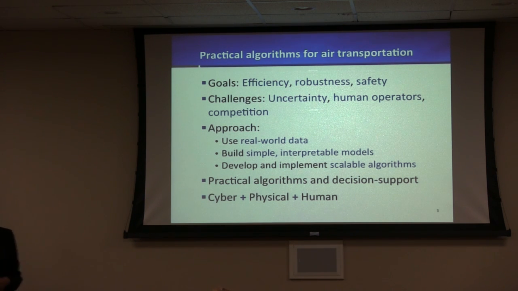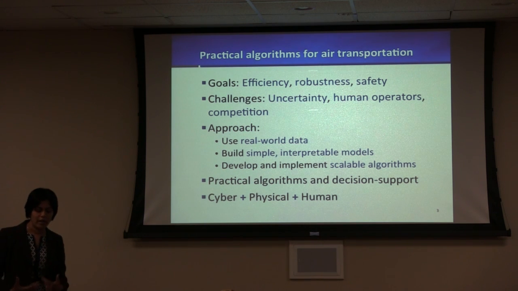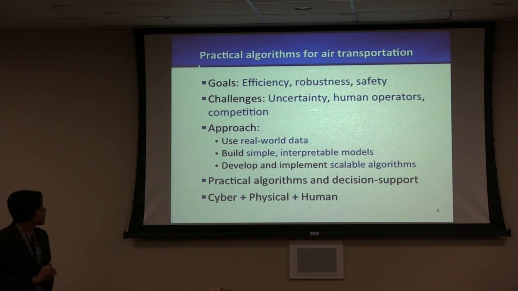It's really, let's help them make better decisions by using the kind of algorithmic techniques we come up with. Over the past decade, there's been a lot of work on what are known as cyber-physical systems, including at Maryland. And I think where we're progressing, at least with the air transportation system, is we have the cyber element and the physical element, but it's also equally important for us to take into account the human element when we do the modeling and the algorithm development.